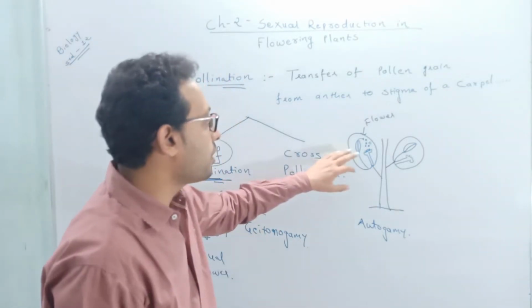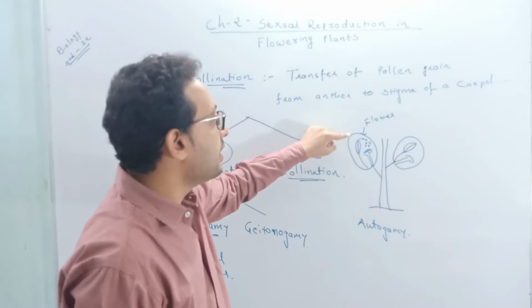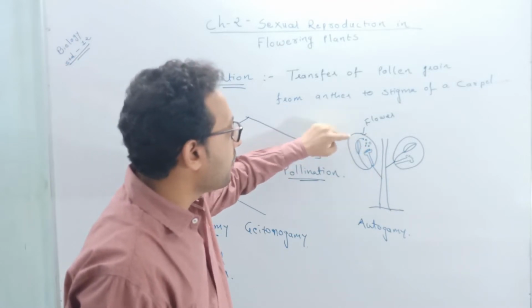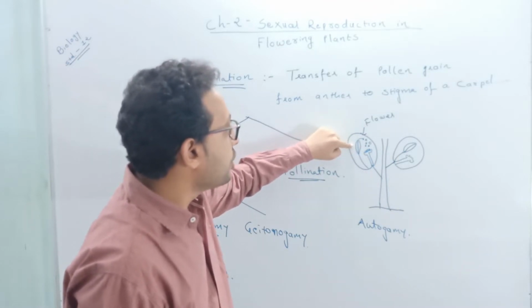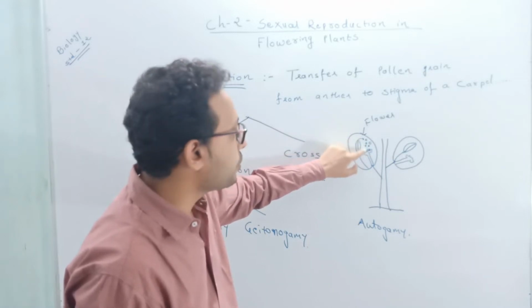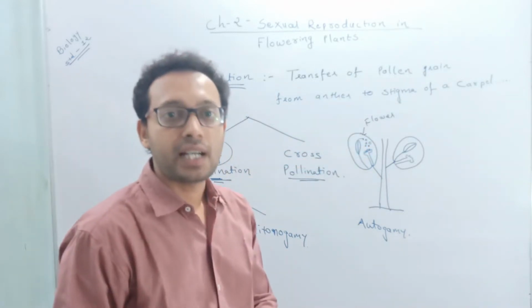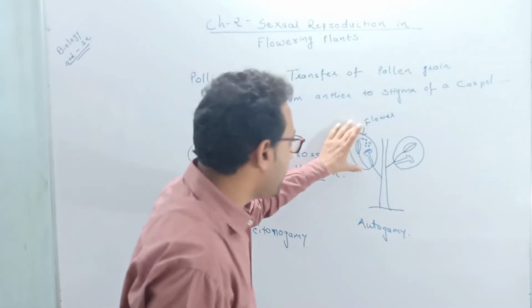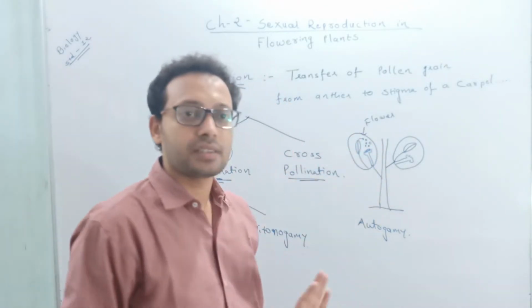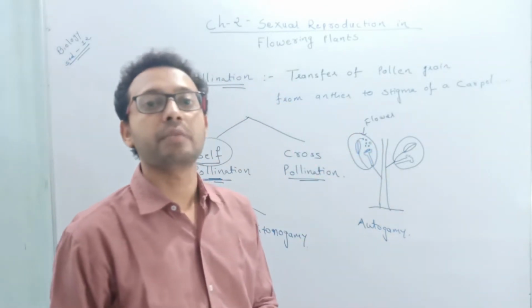So what is autogamy? Autogamy is the transfer of pollen grain from anther to stigma of a carpel of the same flower of the same plant.